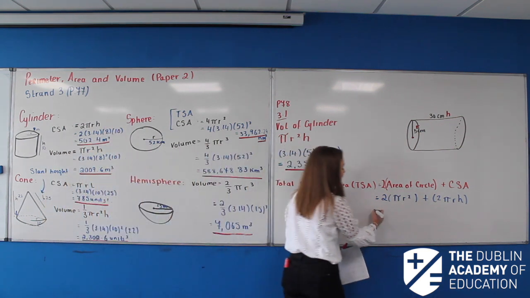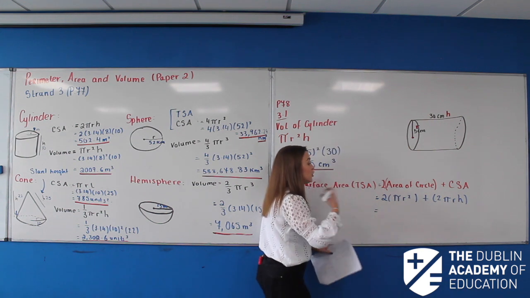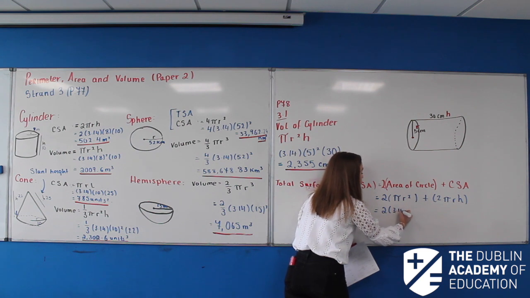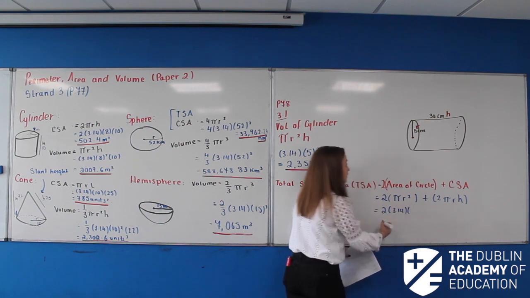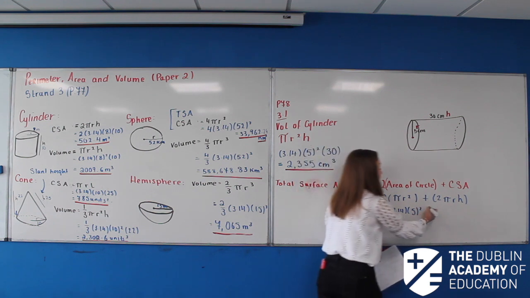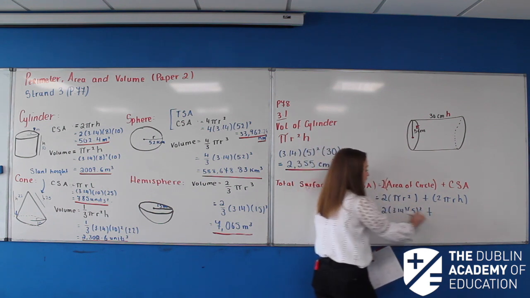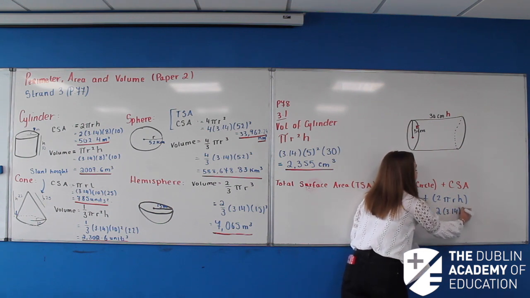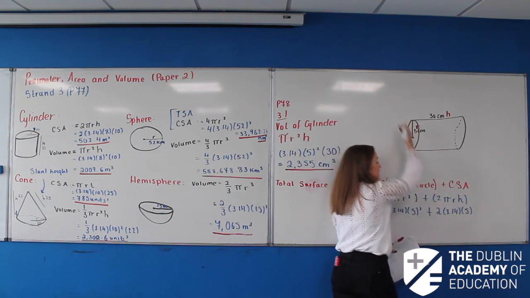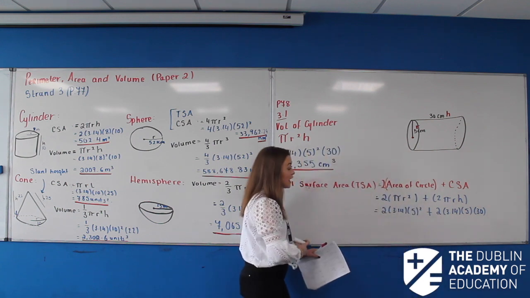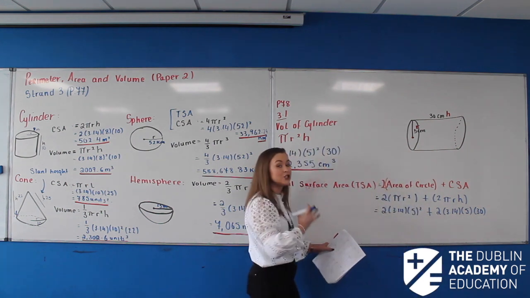Now once you have that written down, you fill it in. So 2 times pi is 3.14, times the radius, which is 5, to be squared, plus, on the far side, 2 times 3.14 times the radius again, which is 5, times the height, which is 30. Now, once we do that, plug each side individually into your calculator.